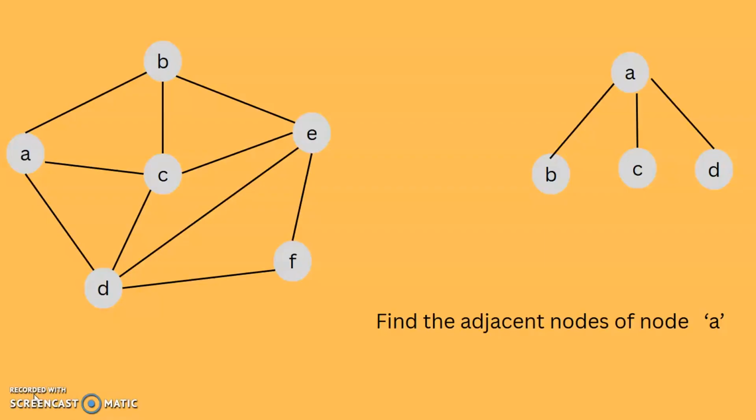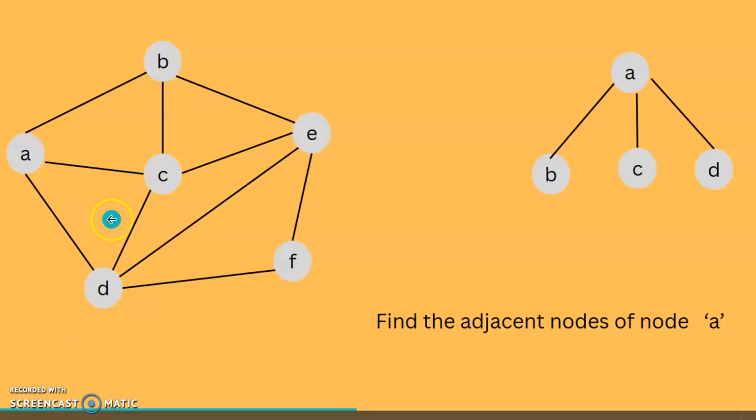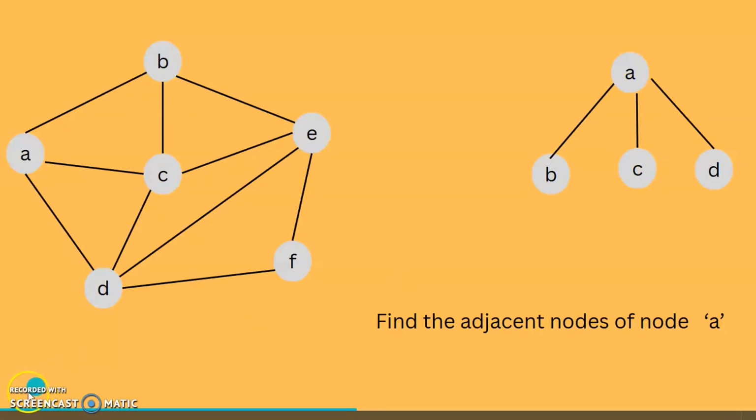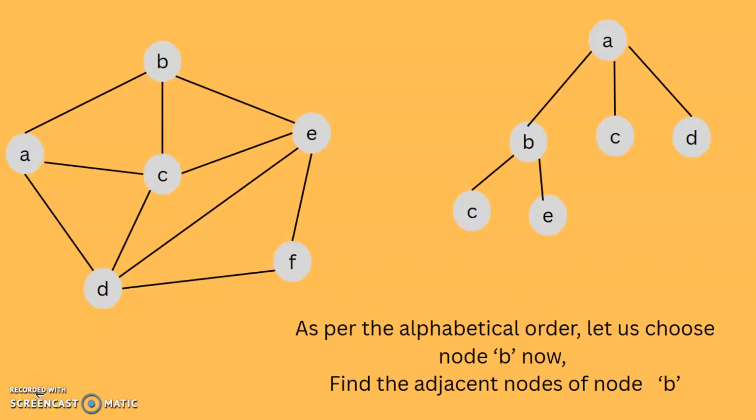Now let us find the adjacent nodes of root node A. The adjacent nodes of node A are B, C, D. You draw the tree diagram like this because B, C, D are adjacent to the node A. Next step: out of B, C, D, as per the alphabetical order, let us choose the node B now and find the adjacent nodes of node B.